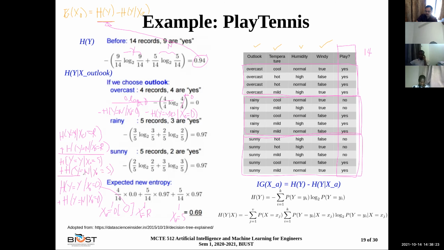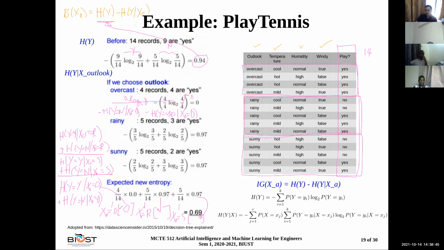Okay, so those are the three summations of the relative entropy, which is taken into this part, that part, and also multiplied into this part, multiplied by the corresponding X attribute of the outlook.